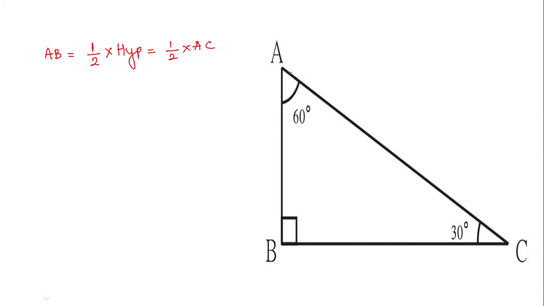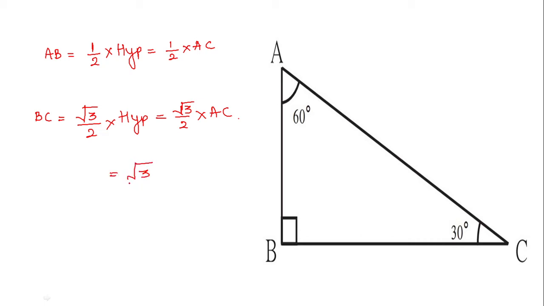Then let's talk about the side opposite to 60 degrees. Who is opposite to 60 degrees? Here it's 60 degrees, so opposite to 60 degrees is this side BC. Then BC will be root 3 upon 2 times the hypotenuse AC. Suppose we have the hypotenuse AC as 10.